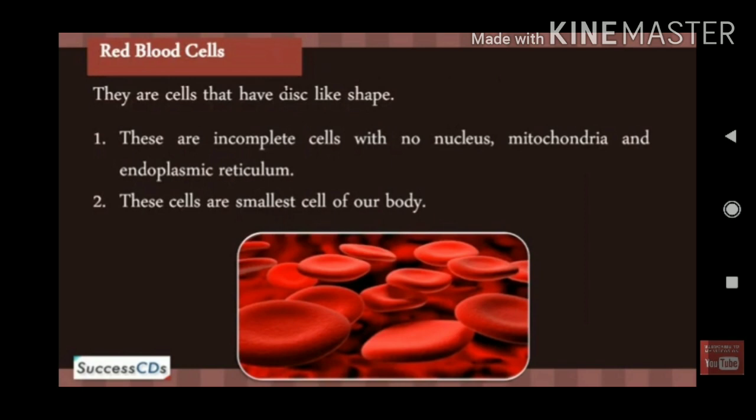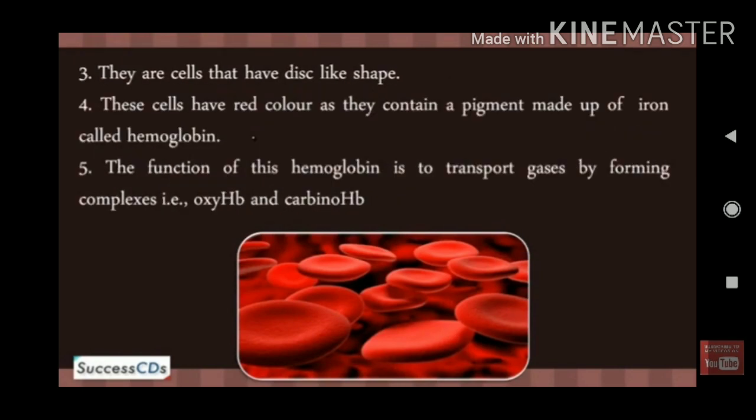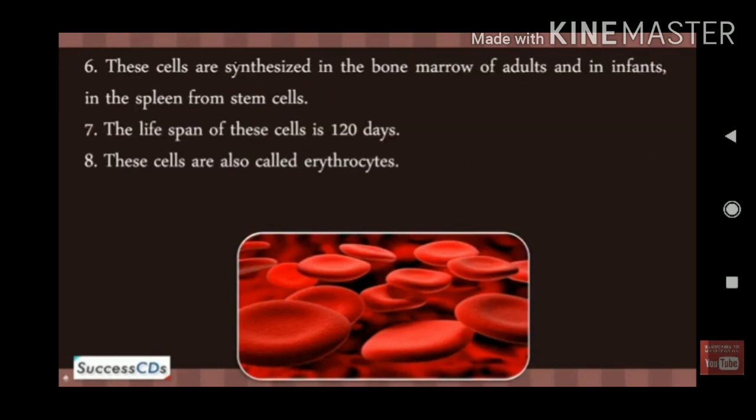When it becomes mature, it loses its nucleus. What is the reason? Because of the presence of hemoglobin in the RBC. Hemoglobin is a protein present in our RBC. Hemoglobin is very important. It carries the oxygen to our body, so the nucleus is replaced by the hemoglobin pigment. The lifespan of an RBC is 120 days.